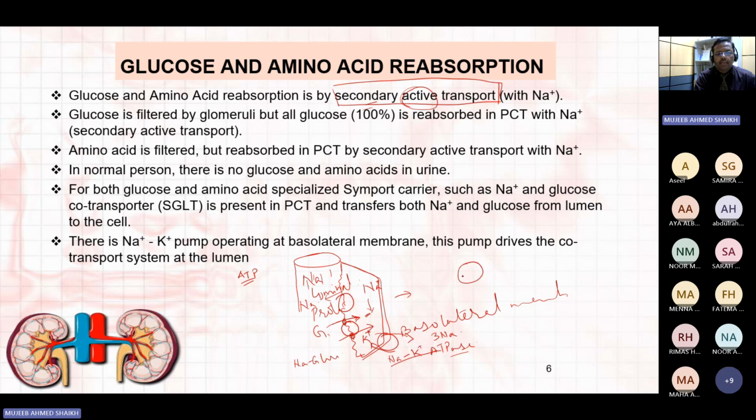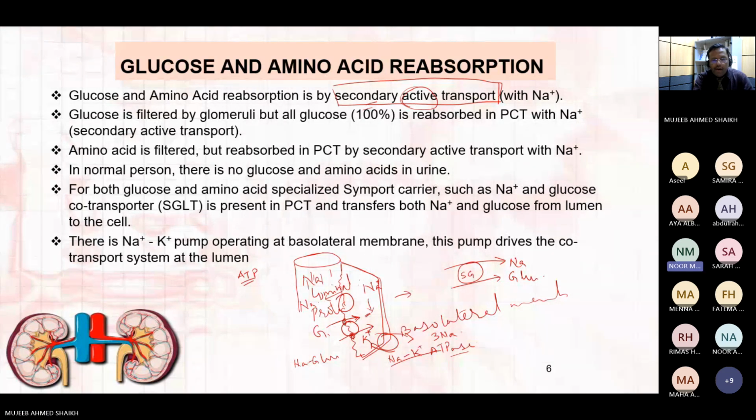This sodium glucose channel is sending sodium inside and also glucose inside. Both of them are going in the same direction or opposite direction? Same direction. That's why it is called co-transport.